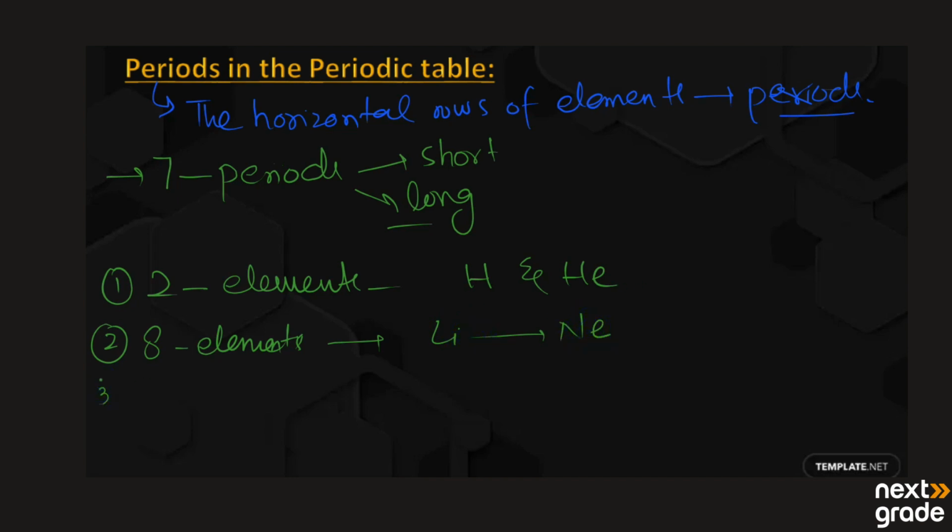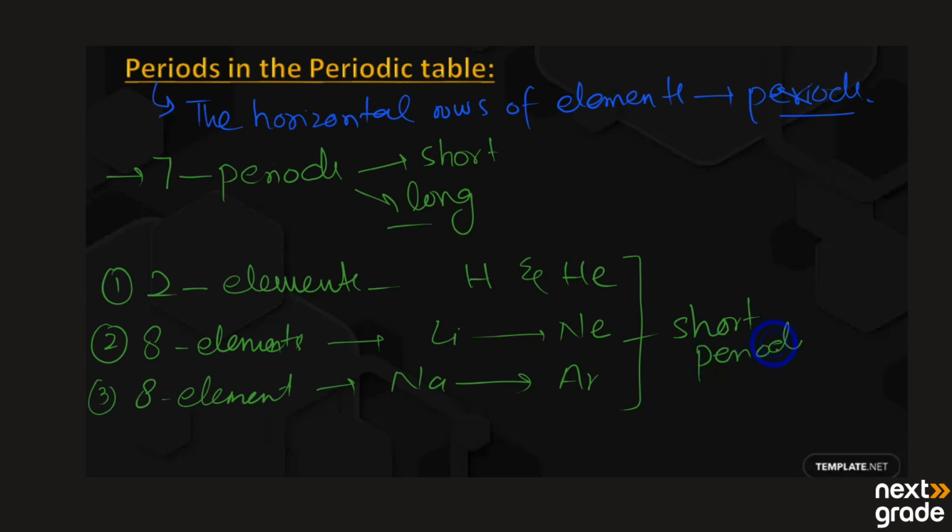The third period starts from sodium, has 8 elements again, and ends at argon. These are known as short periods, as they have just 2, 8 and 8 elements.